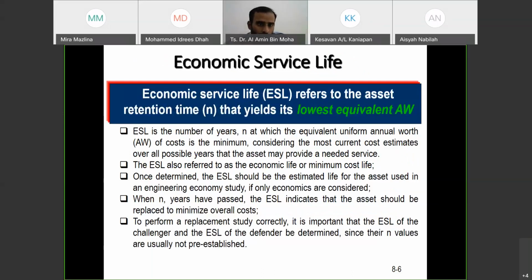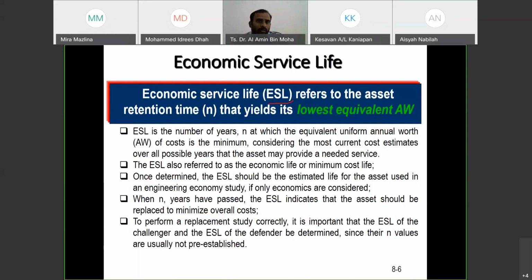So now it's about economic service life. Economic service life, ESL, refers to the asset retention time. It means that when the asset is retained, it becomes unproductive, no longer able to fit the condition that we want.